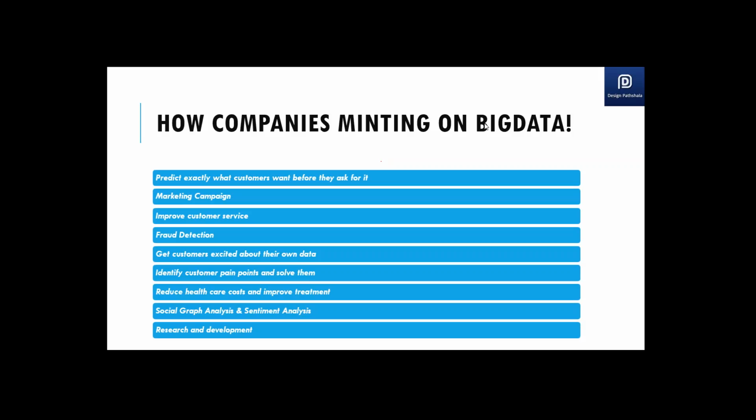If a customer is not getting good feedback, or I'm not getting good business from customers, I will try to market to them more. So people are doing targeted marketing and improving customer service.